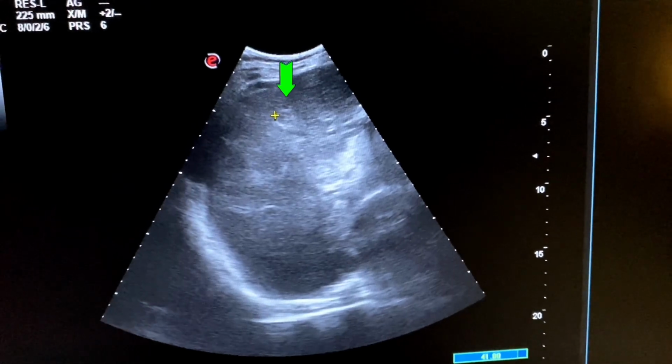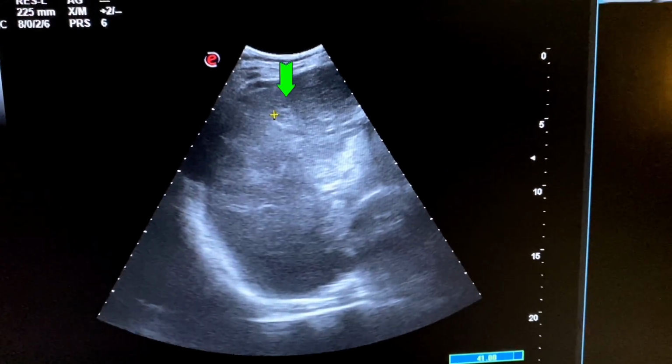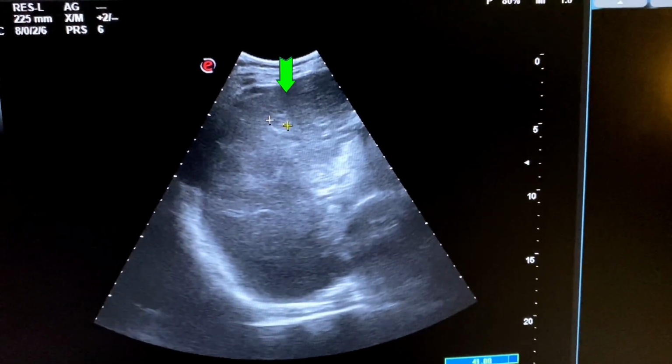This is a well-defined rounded echogenic mass or focal lesion.